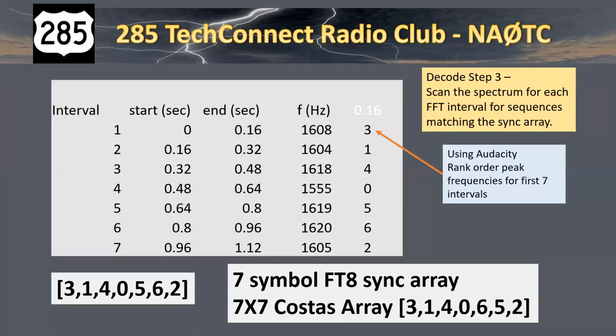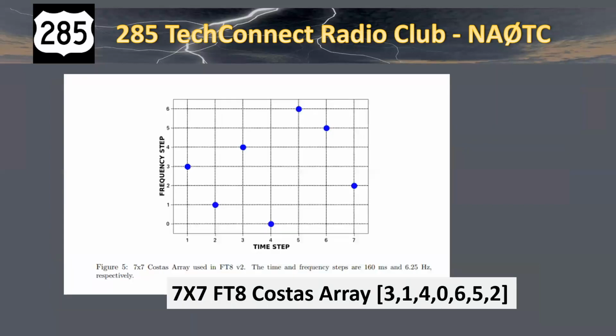So we found 3140562, closely related to the actual sync signal of 3140652. So what's special about that Costas array?